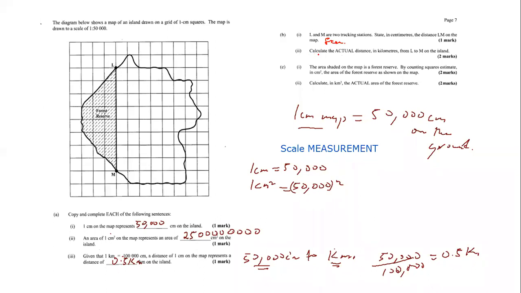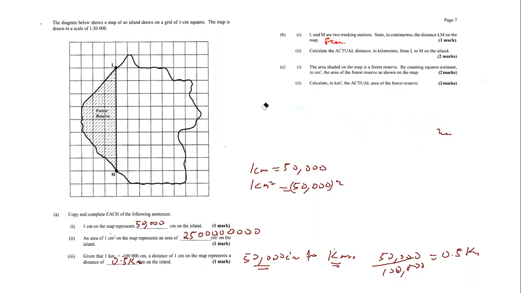Multiply 8 times 50,000 and divide by 100,000. Multiplying 8 times 50,000 gives me 400,000 centimeters.